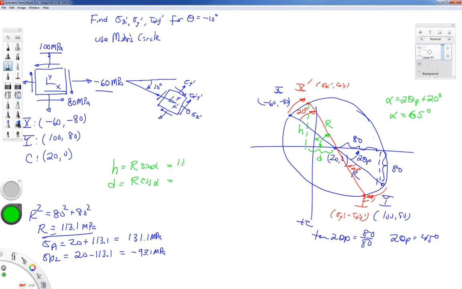It's 113.1 times sine of 65 degrees, and 113.1 times the cosine of 65 degrees. We have 102.5 and 47.8.